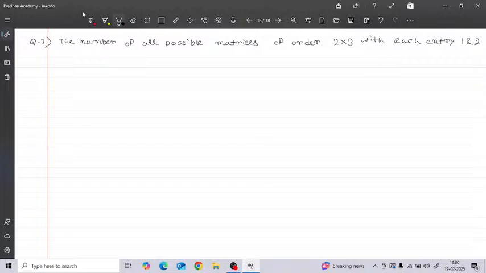So the number of all possible matrices of order 2 cross 3 with each entry 1 and 2.